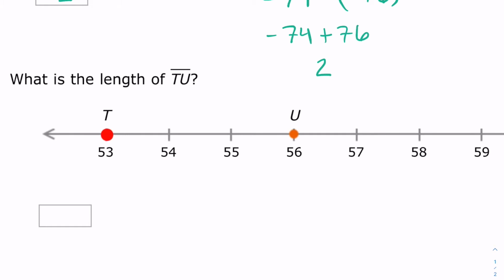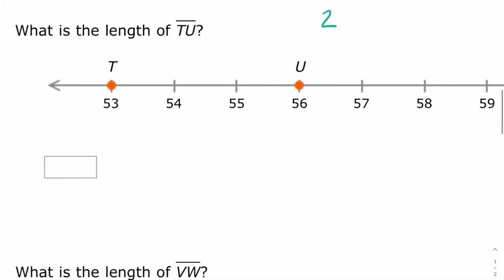Don't count this as 1, 2, 3, 4. It's not 4 units apart. You have to travel that whole unit to count it as 1. So 1, 2, 3 units apart. So 56, take away 53, is 3 units.